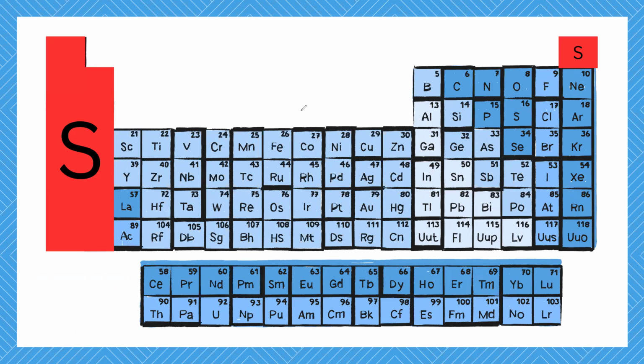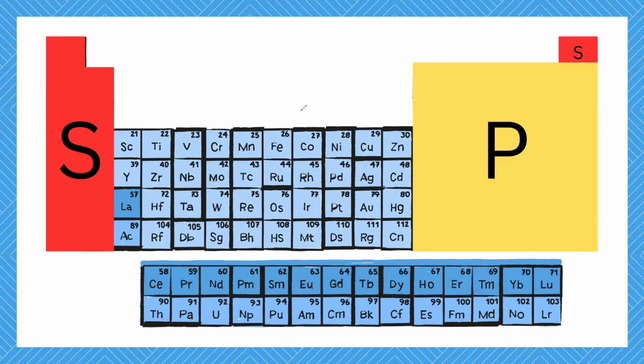After the s block, which block comes next? The p block. Good. The p block is the one that comes next, and this is the location of where the p block is. Can you all see the place that I labeled p? Yes, sir. Good.